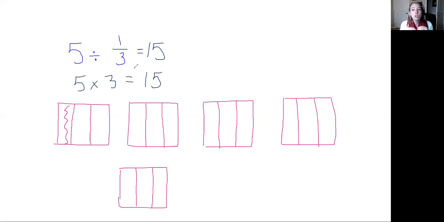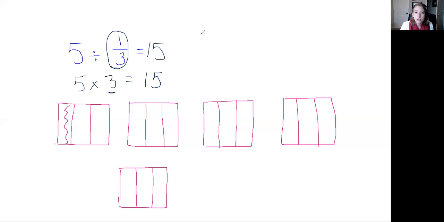But what you'll see as you move on into more division of fractions is that what we're really doing is taking this division problem and taking that second number, the divisor, and getting the reciprocal. So we're flipping it to get its opposite, which would be 3/1 or 3. That's just a peek into what you're going to learn later. You don't need to worry about that right now when you're just dividing whole numbers by unit fractions.